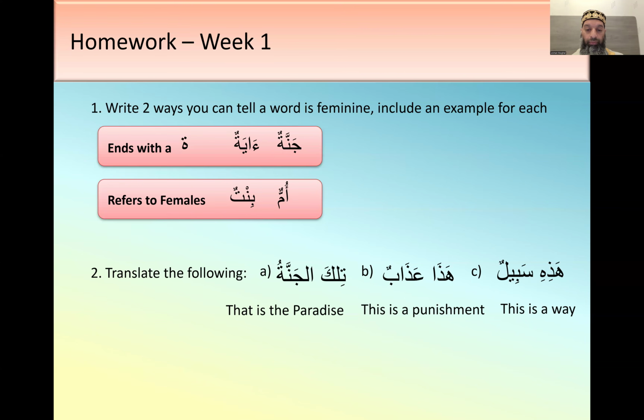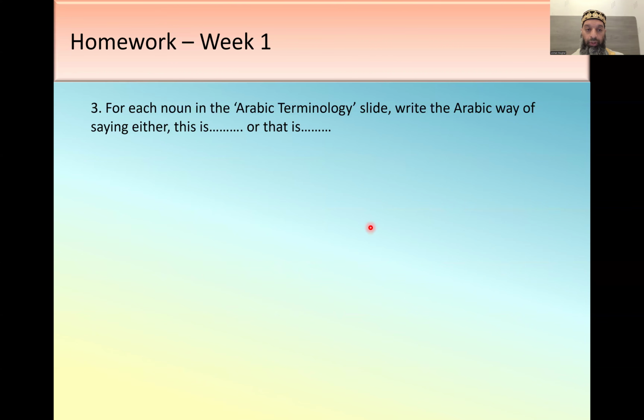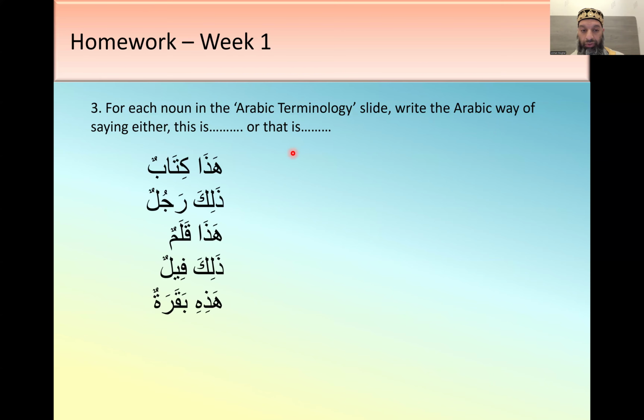Next one. For each noun in the Arabic terminology slide, so there was a slide titled Arabic terminology, write the Arabic way of saying either this is or that is. So these are just the examples that I did. The first word was kitabun.